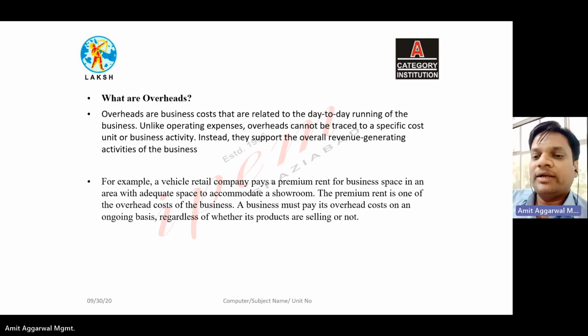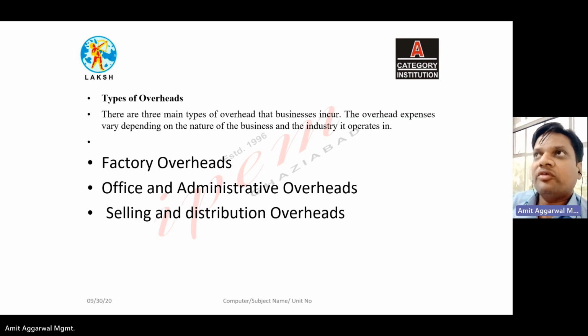First, factory overheads, the expenditures related to your factory area. Second, office and administration overheads, related to the office and administration. Third, selling and distribution overheads, concerned with selling and distribution. After adding all these costs, you reach the total cost of any product.